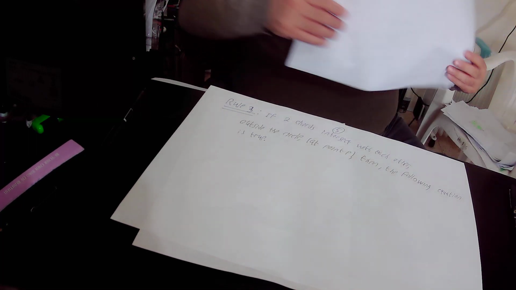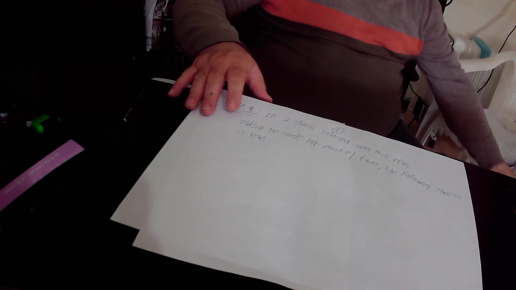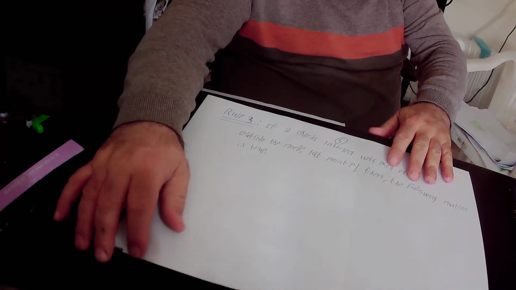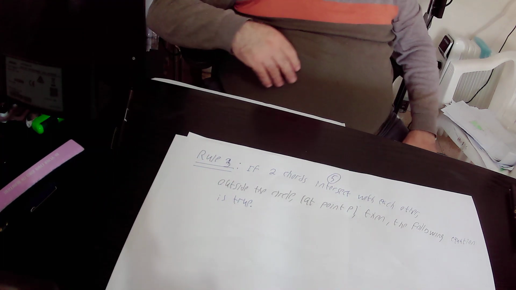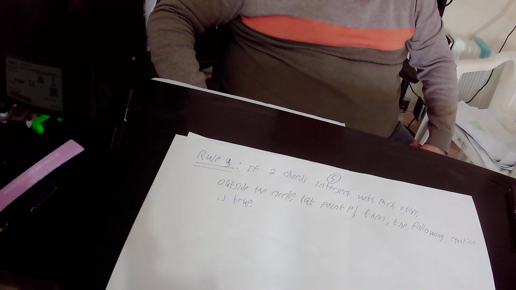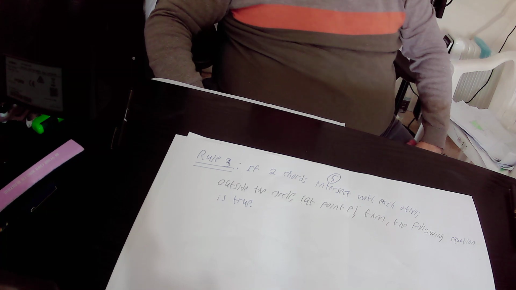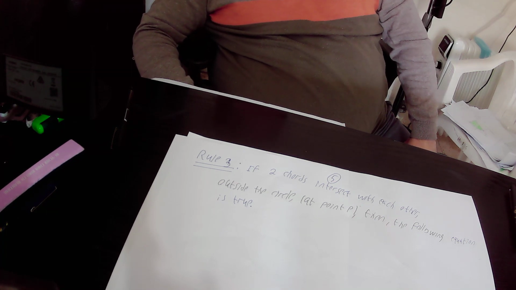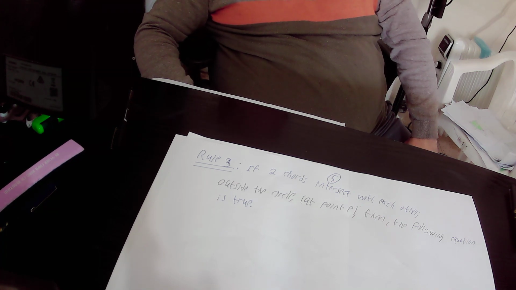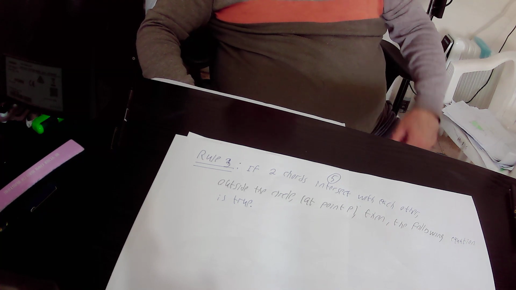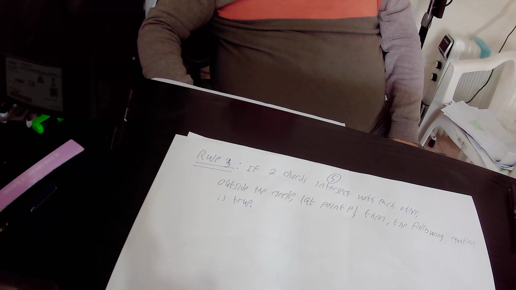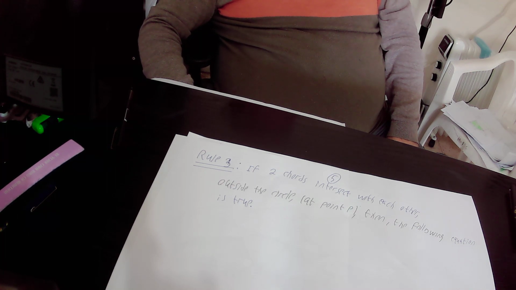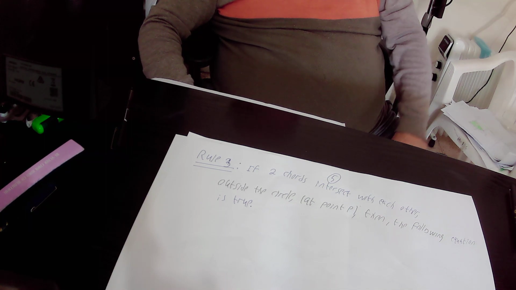According to rule number 3, if two chords intersect with each other outside the circle, in our example at point P, they intersect with each other outside the circle at point P, then the following equation is true.